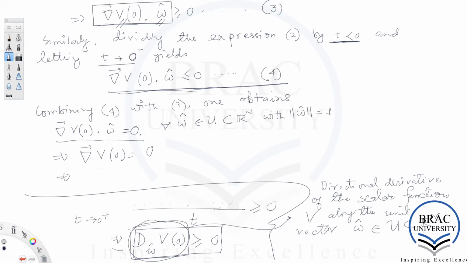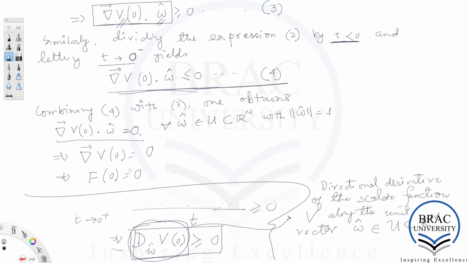Which means that from the definition of the conservative vector field F, we see that F is just the negative gradient of V, so F at 0 is going to be 0.